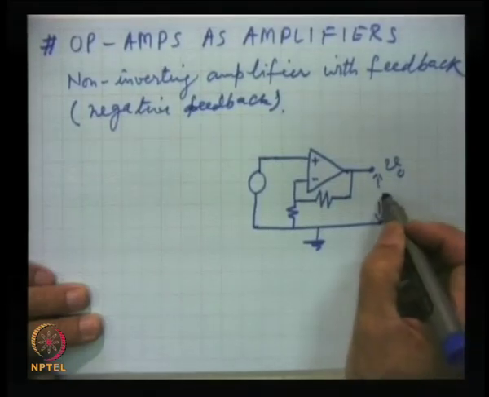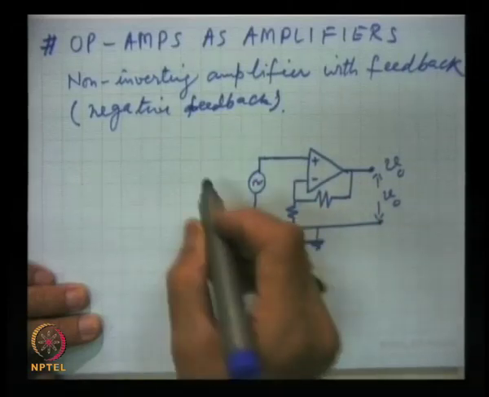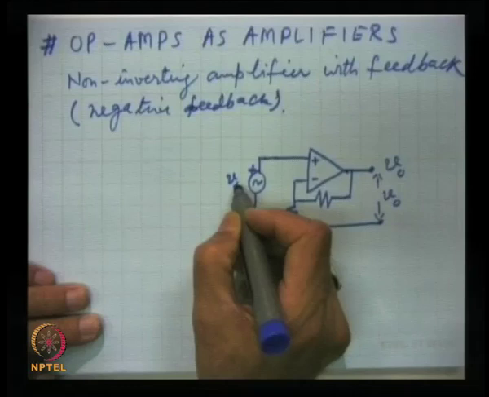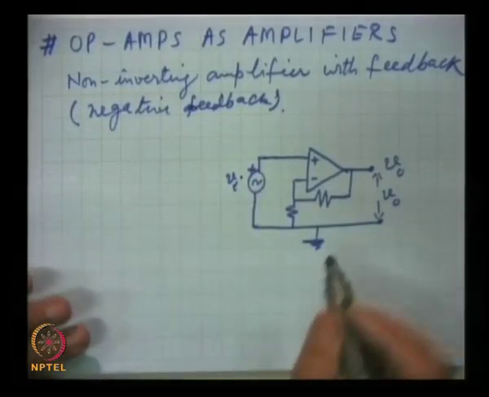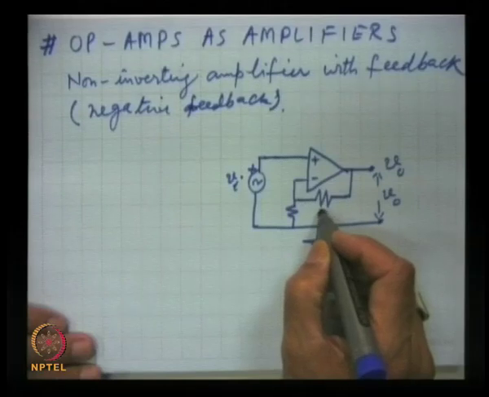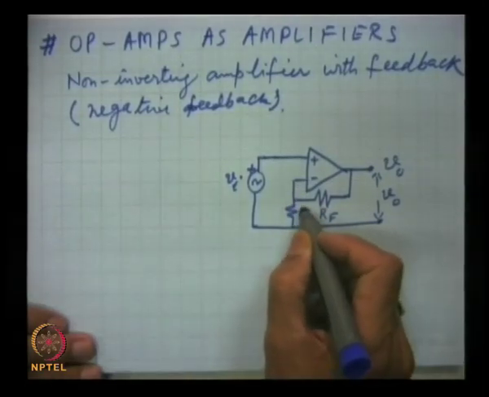This is V out, and this is the input, and the feedback is this resistance RF, and this is R1.